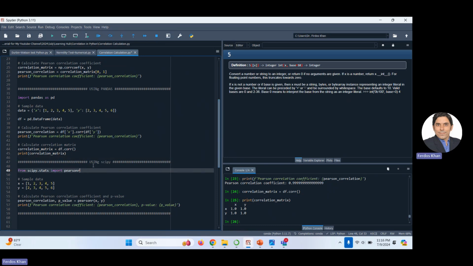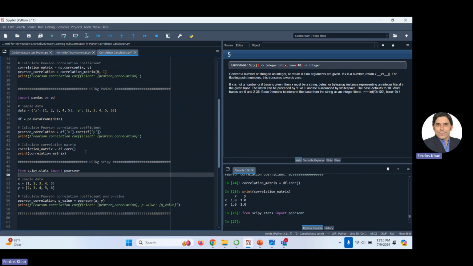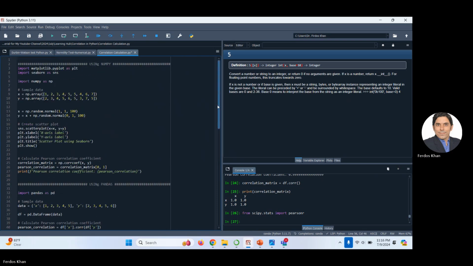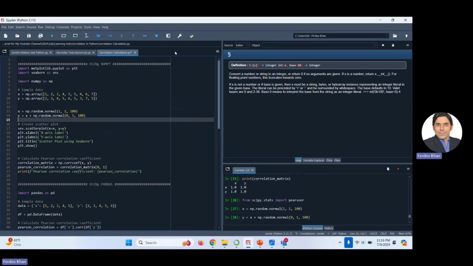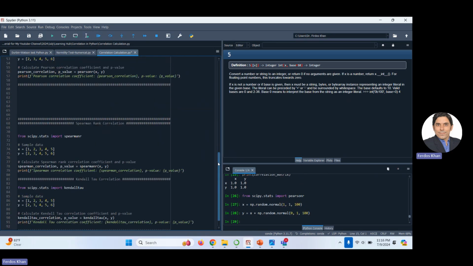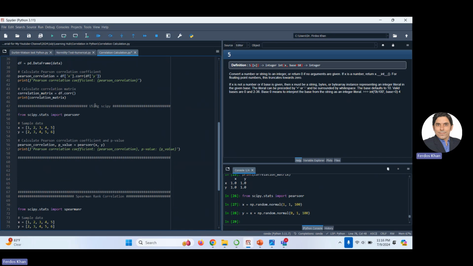And now this is another package, so you can do this correlation analysis in this as well, the third one. So whatever you like, you can do. And now you can use both data sets. So I will use the previous data set which we generated here. Again, it's only generated, but you can generate again. And you can do this correlation with this new package, not this one, this one with this package SciPy.